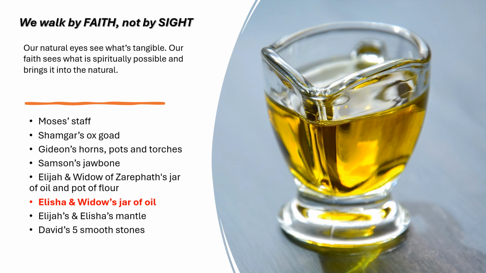The widow and her sons then got busy collecting jars and bringing them into the house. When they had collected what they thought were enough, Elisha told them to close the door and then start pouring the oil from the jar into the pots.